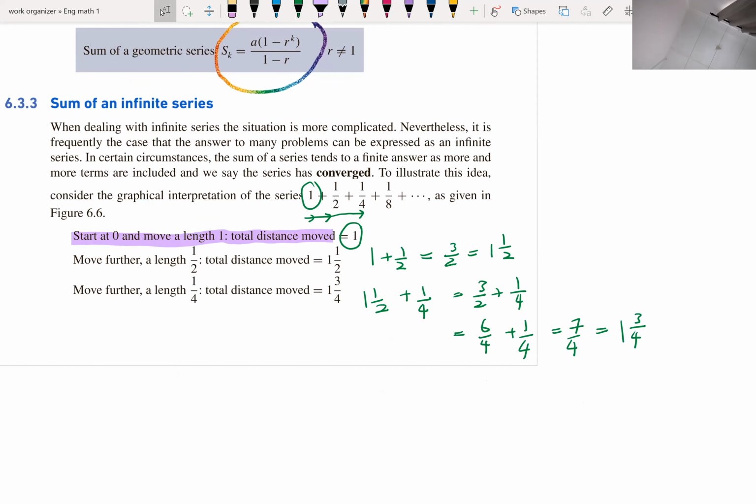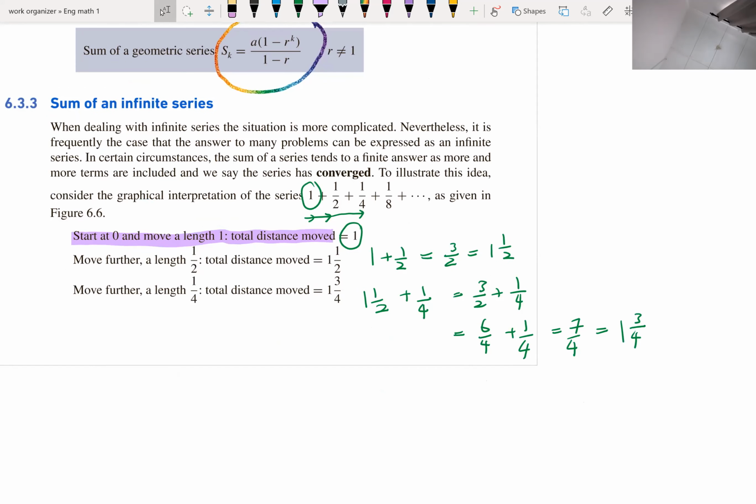Now we are going to calculate, let's say the term goes to infinity. When k goes to infinity, r to the power k will be 0. Lastly we will get this one.